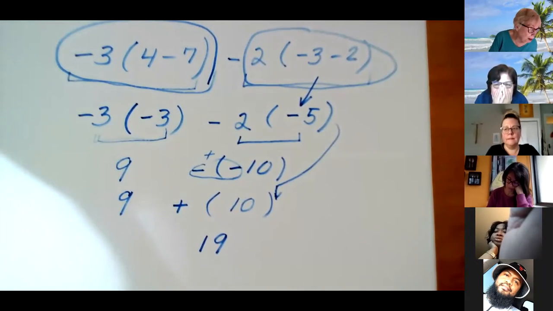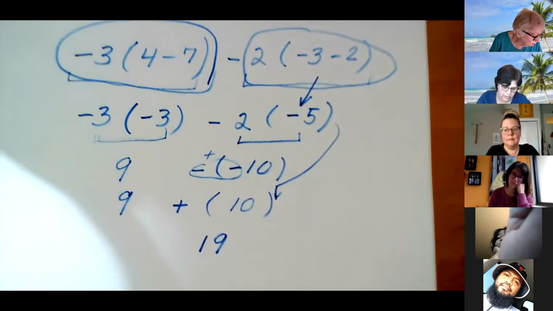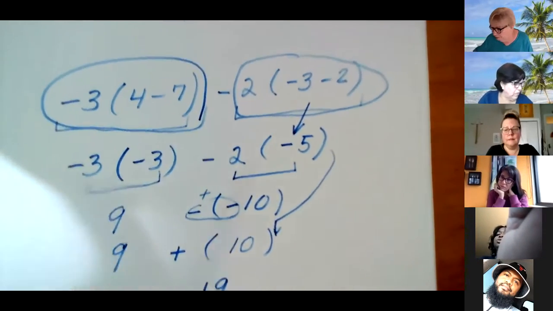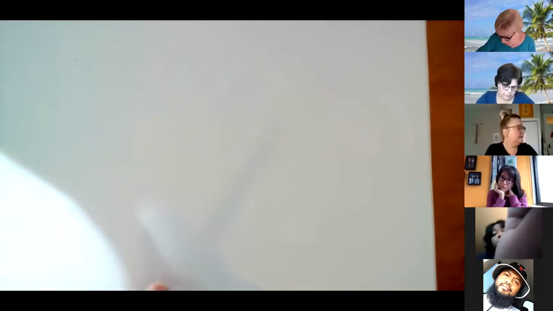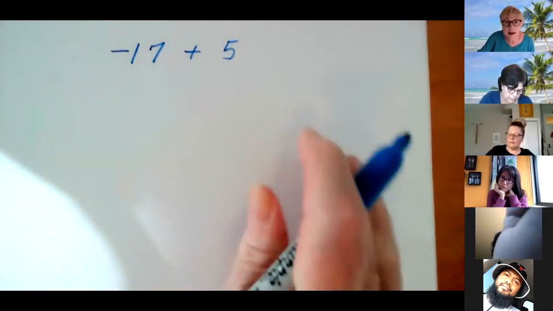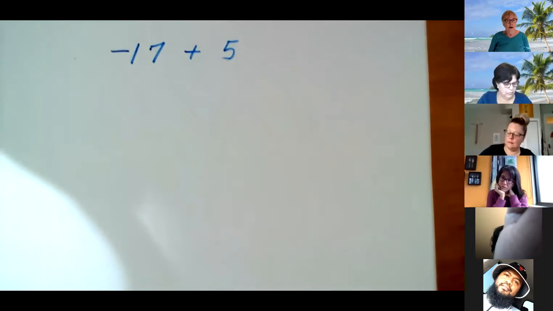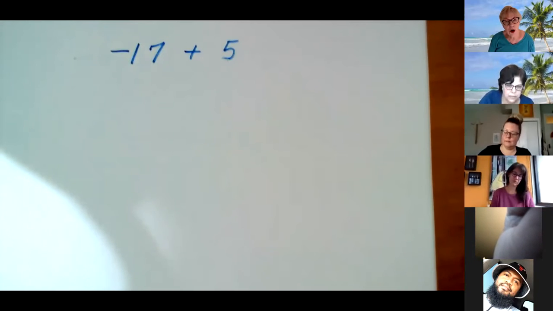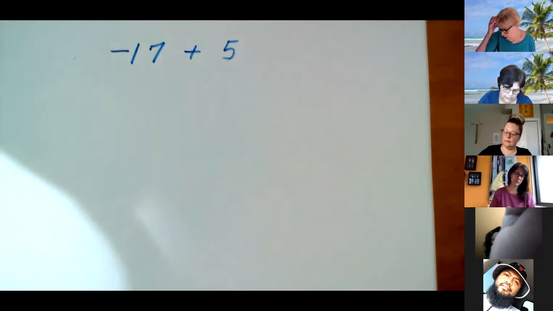Well, that was the hard one. So let's do a little review. -17 plus 5. So I want you to just write something down on your paper, and then we'll talk about it. Let me do another one.